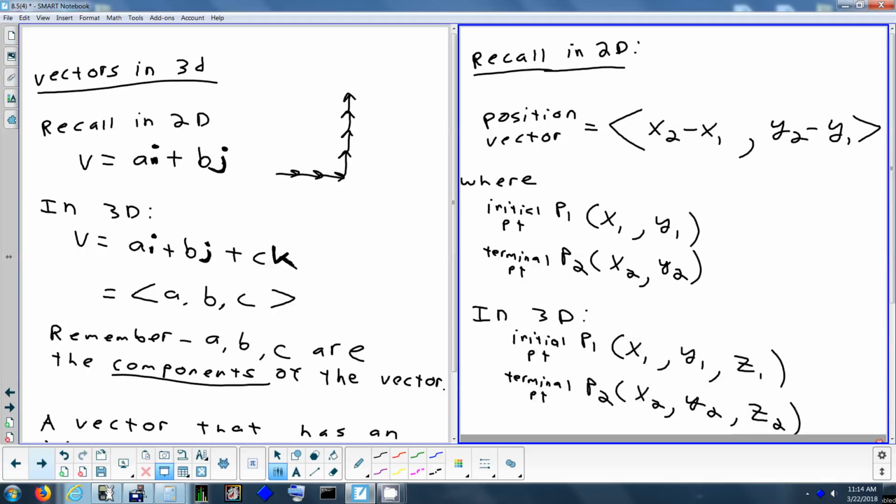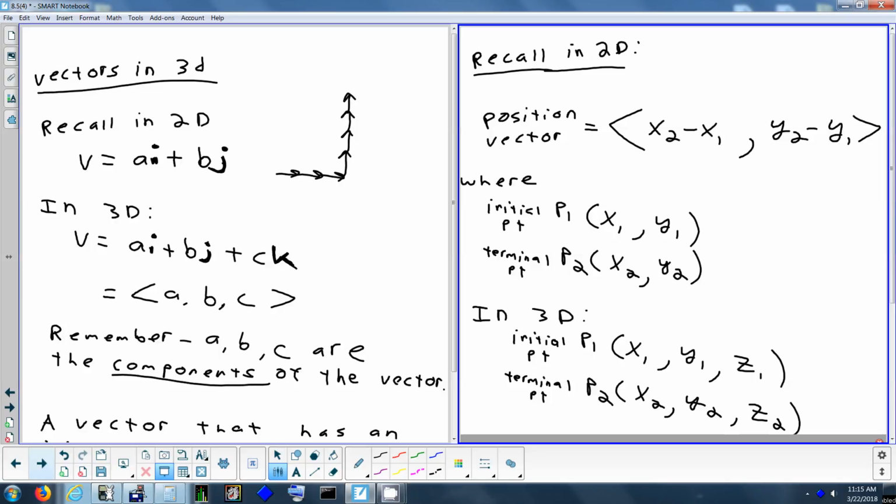Does anyone have a guess how the formula for a position vector in 3D is going to change from the one that I gave you on Monday that was in 2D? Ezekiel? You have another column, z2 minus z1.